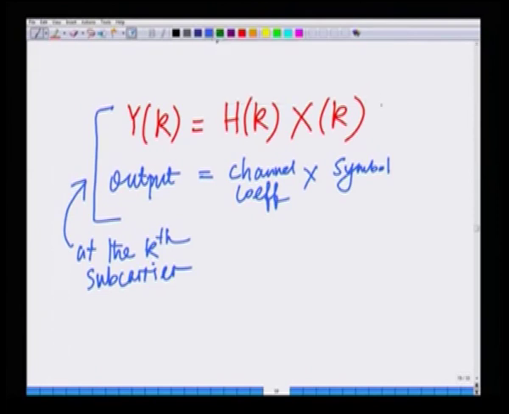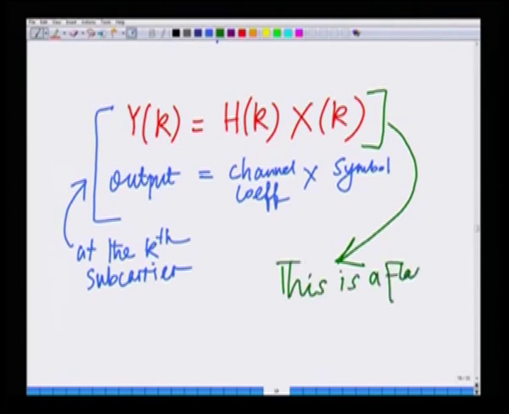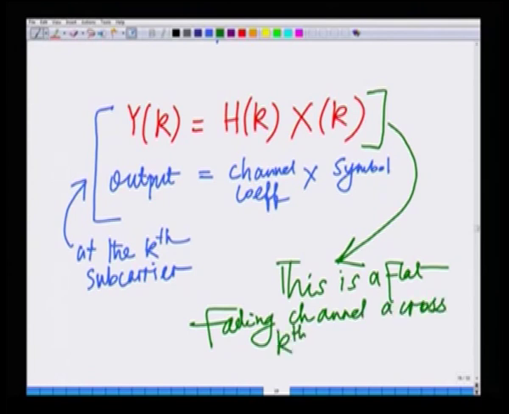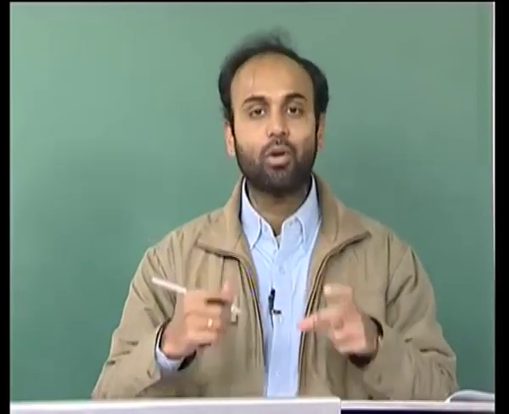So let me again clarify that this is a flat fading channel across the kth subcarrier. Okay. Hence, with the addition of the cyclic prefix, this is the complete OFDM system.